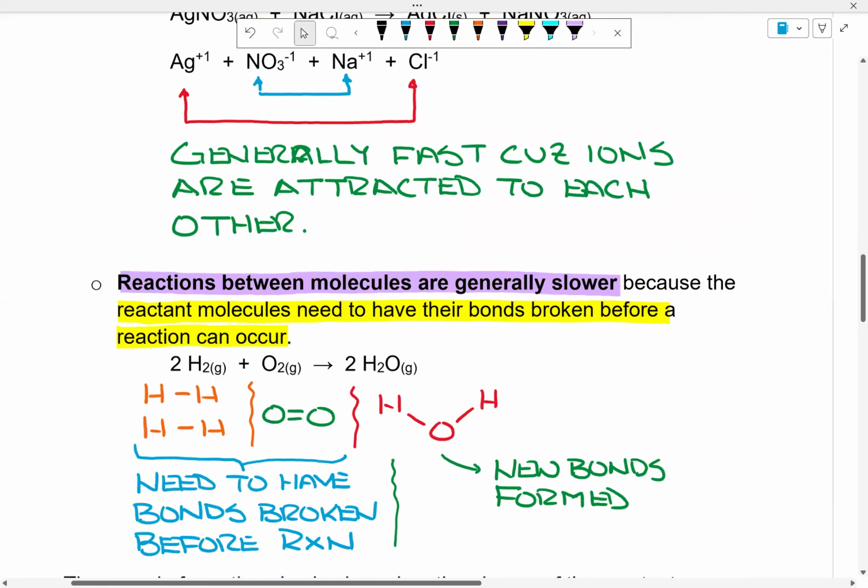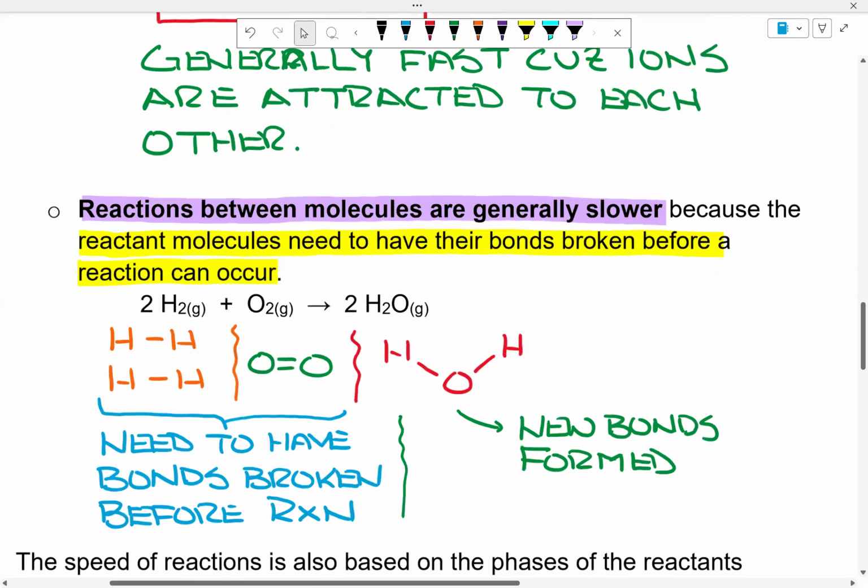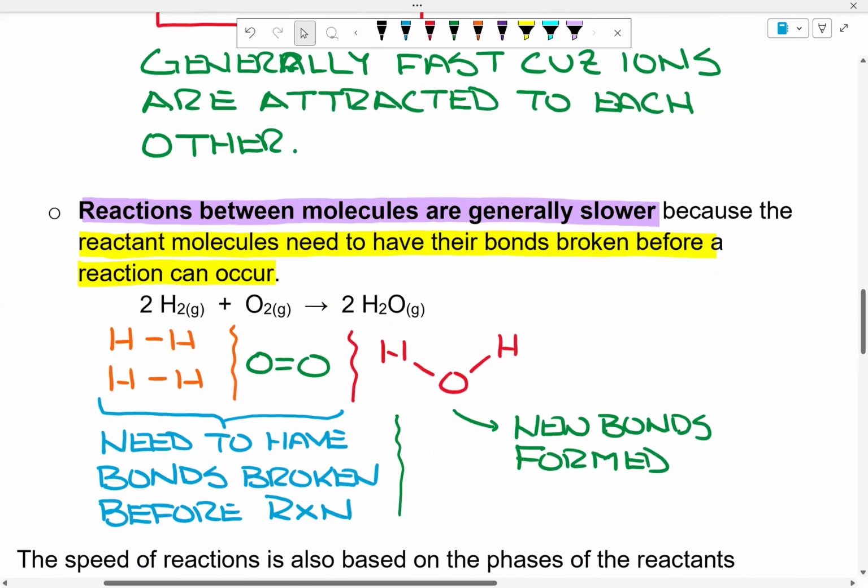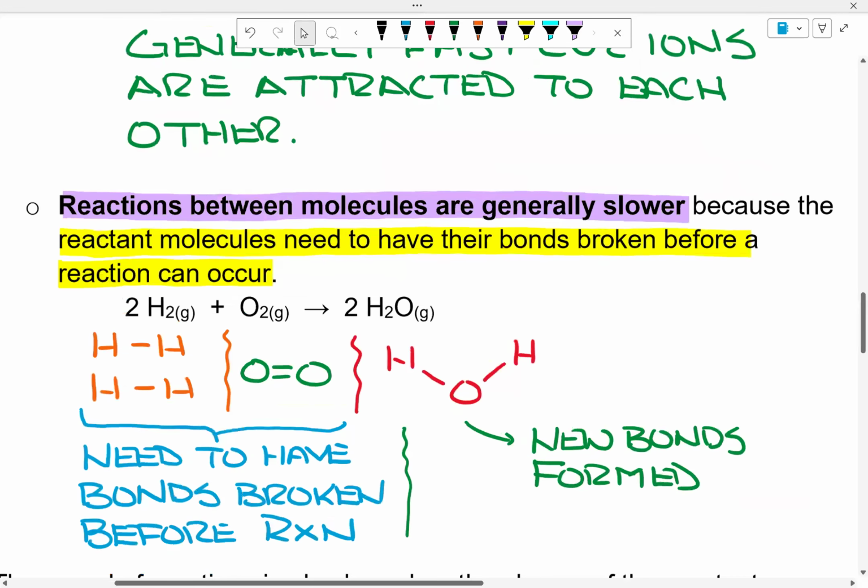This other scenario would be like if you were interested in somebody, but you were already dating somebody. What you would need to do to be honorable is break up with your current partner before you're able to pursue a new relationship. So it does take a little bit longer. Okay, so a reaction between molecules is like having to break up an old relationship first before you can start a new one.